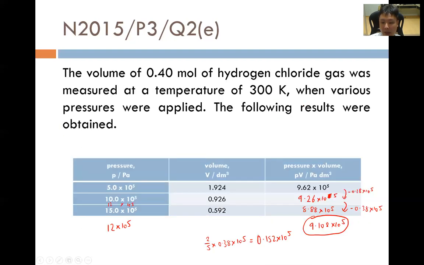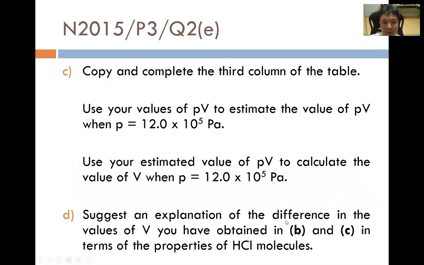So if the estimated value of PV is 9.108 times 10 to the power of 5, in order to find V, we take 9.108 times 10 to the power of 5 over 12 times 10 to the power of 5, which is this pressure, and we will get a value of 0.759 dm cube.